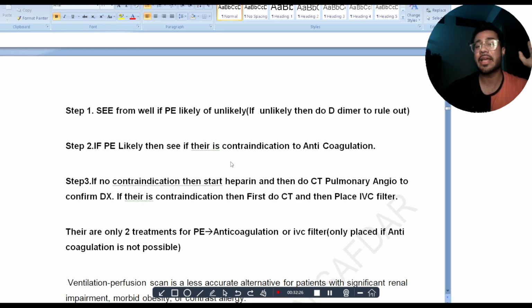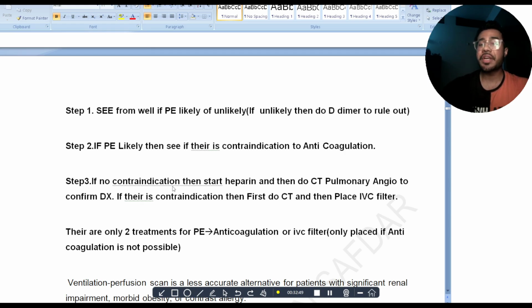If the PE is likely, then you see whether the patient has a contraindication to anticoagulation. What is the contraindication to anticoagulation? If the patient had a recent surgery and there is a problem that the patient might bleed to death or anything like that, you see whether the patient can receive anticoagulation. If the patient can receive anticoagulation, you move on to step 3.